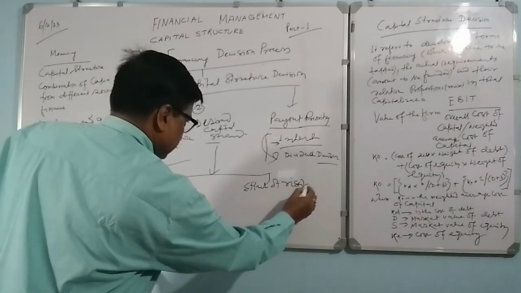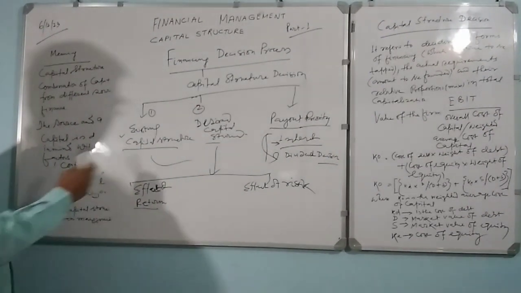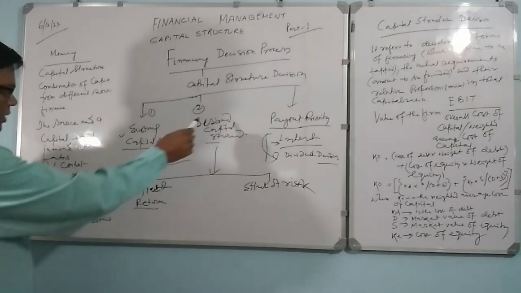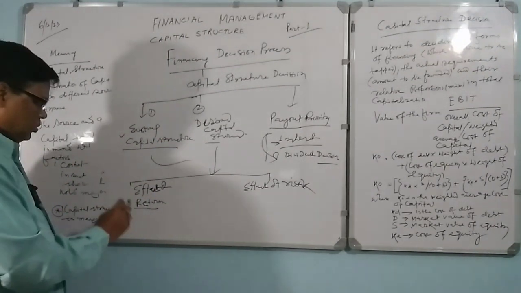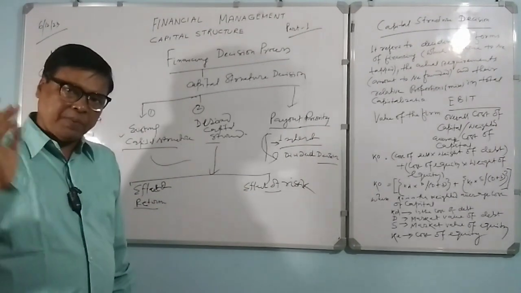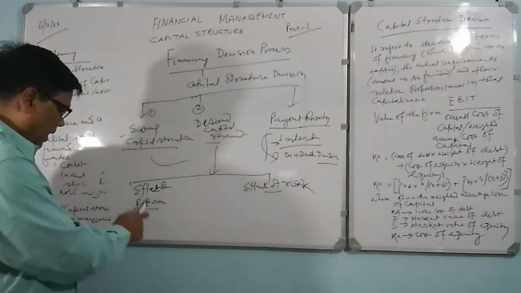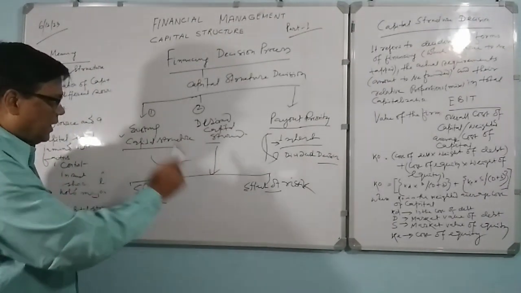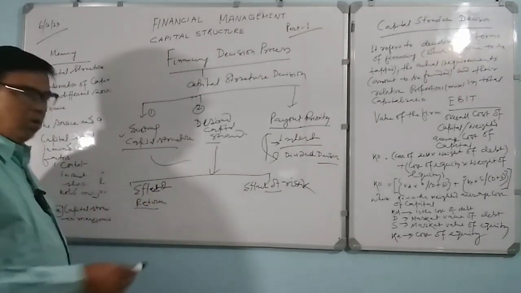See, risk and return balance is there. So effect of return, what your profit will be, your desired capital structure, that part will be one portion, and effect of risk is there. As you have been told, your risk factor also should not go beyond the controllable limit. At the same time, when you are making this desired capital structure, what is the effect on your return?